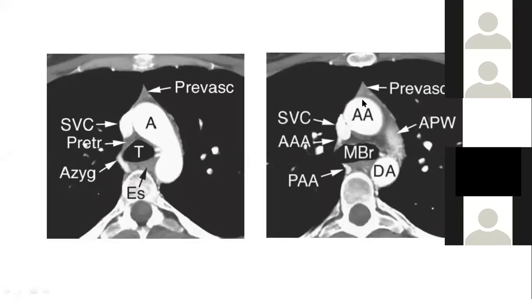This is below the level of the arch of aorta, at the level of the aortopulmonary window. Just beneath the arch of aorta, we find the aortopulmonary window. Again, we can make out the prevascular space, the superior vena cava, and the anterior and posterior limbs of the azygous arch, just above the right main bronchus.